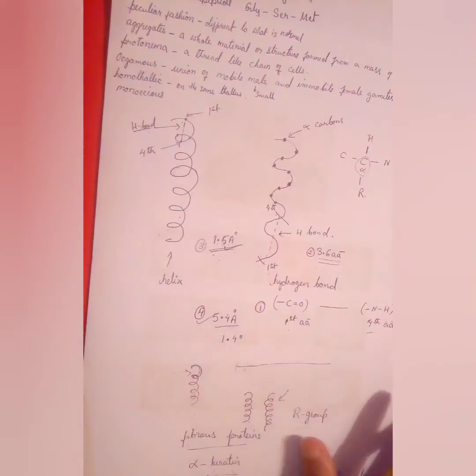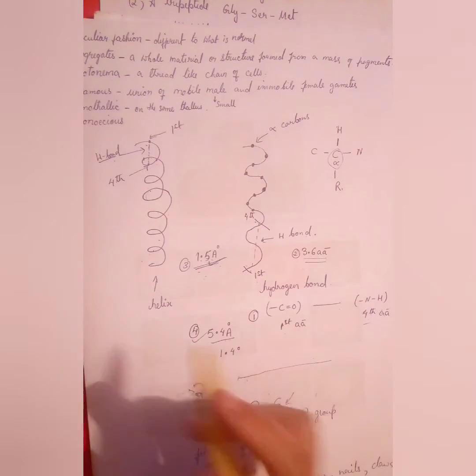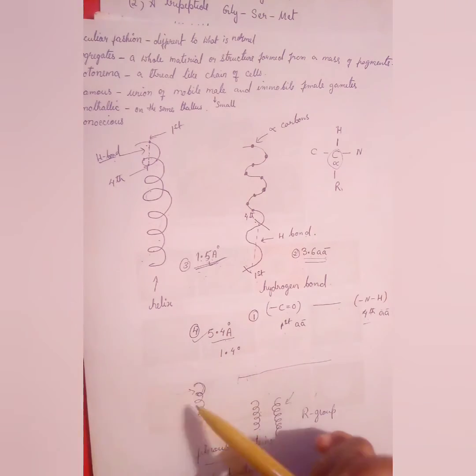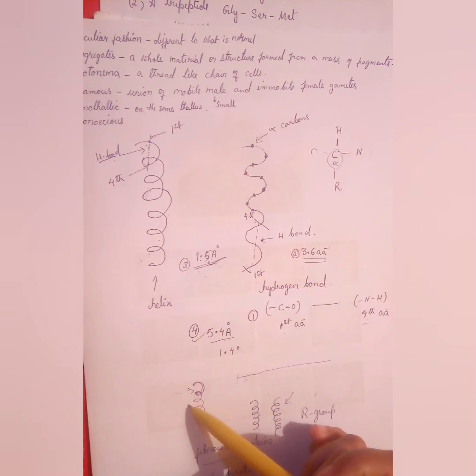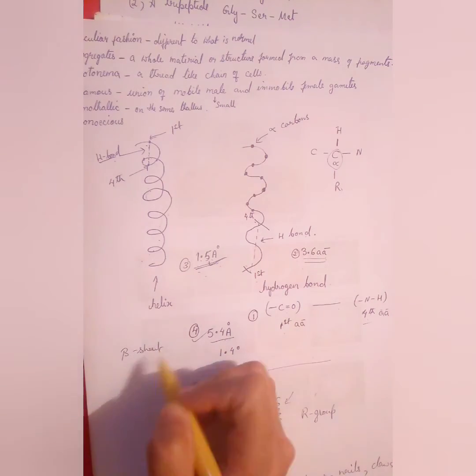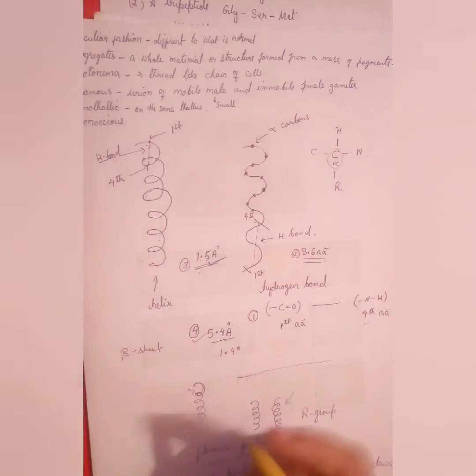And one more thing I want to tell you about the alpha helical structure is that certain amino acids are more often found in alpha helix structures rather than in other structures. For example, we will also study the beta sheets, the beta bends, the tertiary and the quaternary structure.